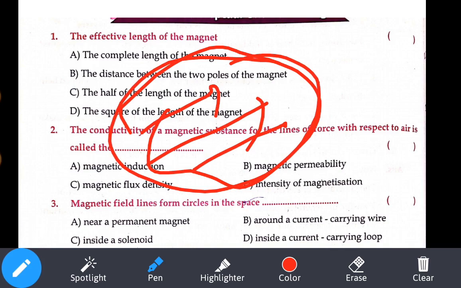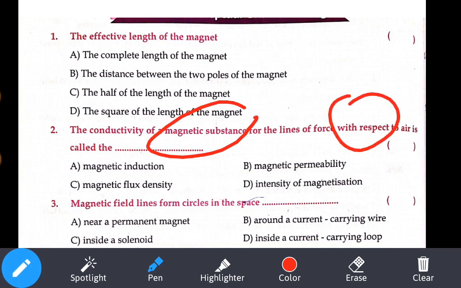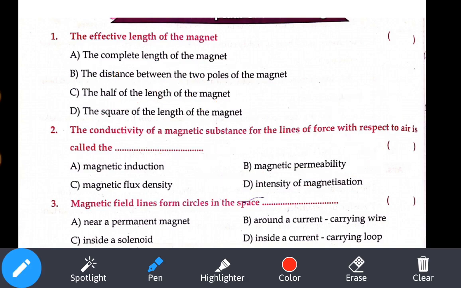Each material has a certain property of magnetic field that can be passed through it. They have given air, so you will be writing it as mu naught. So it is called magnetic permeability.